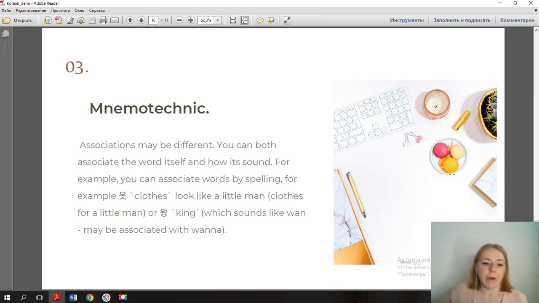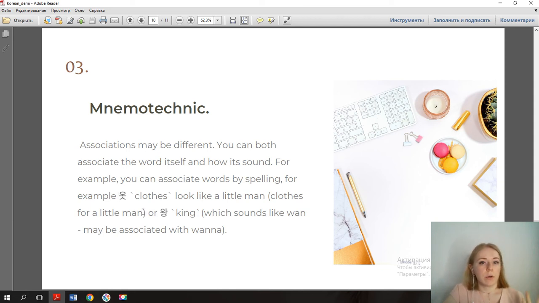For example, we have ot. Ot in English is cloth. It looks like a little man: hands, legs, the head. You can study this word as clothes for a little man.